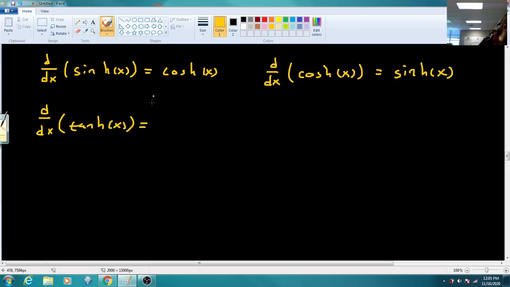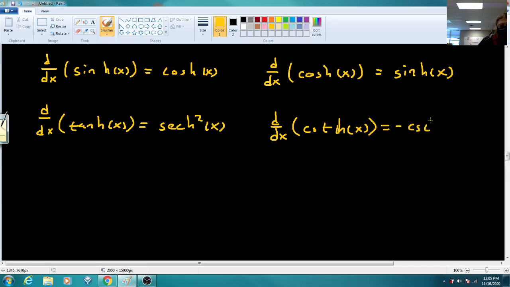So derivative of hyperbolic tangent is hyperbolic secant squared of x. Derivative of hyperbolic cotangent is negative hyperbolic cosecant squared of x. So tangent and cotangent, hyperbolic trig functions stay the same. So we'd expect them to be secant and cosecant. Theirs work a little different.